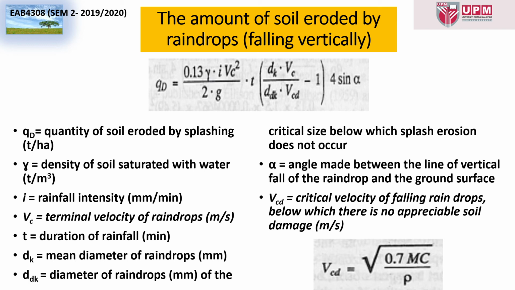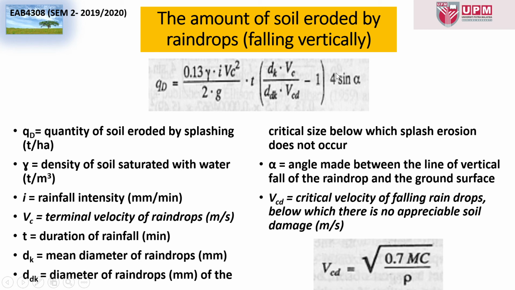I is rainfall intensity. Vc is terminal velocity of raindrops. G is gravity acceleration. dk is mean diameter of raindrops. And ddk is diameter of raindrops of the critical size below which splash erosion does not occur.